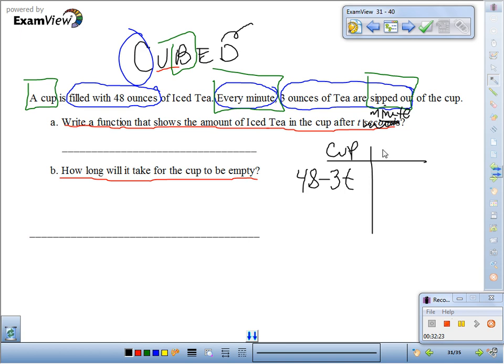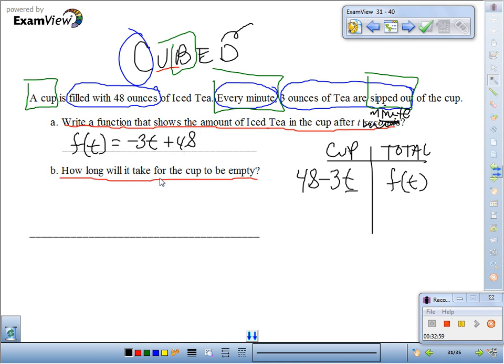And that's going to give us our total equation in t terms. So if it's a function, how can we write here? F of what? F of t. So let's write it out. F of t equals negative 3t plus 48.